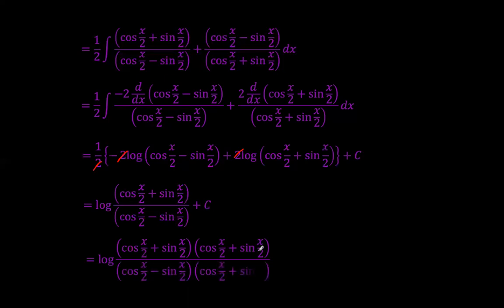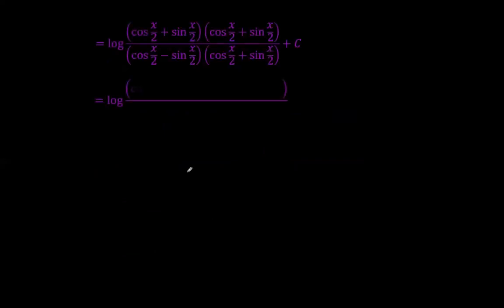What this leads to is cosine squared x over 2 plus 2 sine x over 2 cosine x over 2 plus sine squared x over 2, divided by cosine squared x over 2 minus sine squared x over 2, because this is just the difference of two squares.